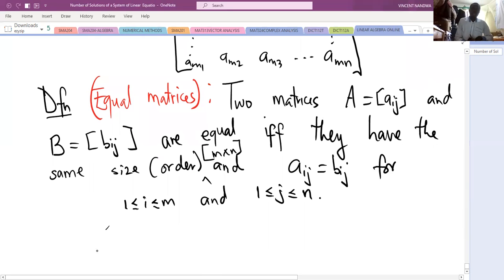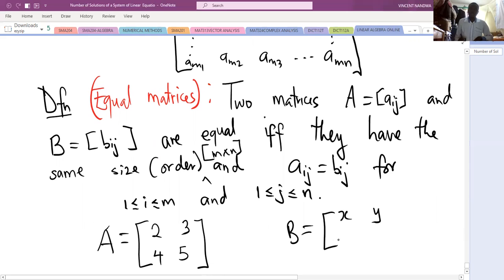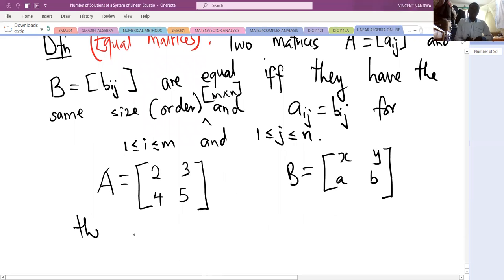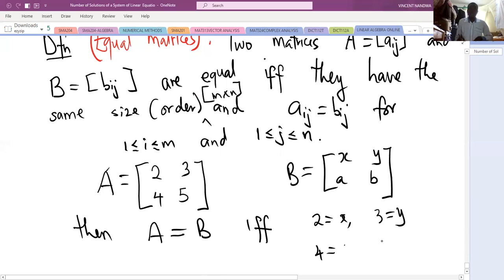For instance, when you say a matrix A is given by 2, 3, 4, 5, and a matrix B is given by X, Y, A, B, then A is equal to B if and only if 2 equals X, 3 equals Y, 4 equals A, and 5 equals B. And you see the order of this matrix, the number of rows 1, 2, so 2 by columns 1, 2. Order of this one is also 2 by 2.